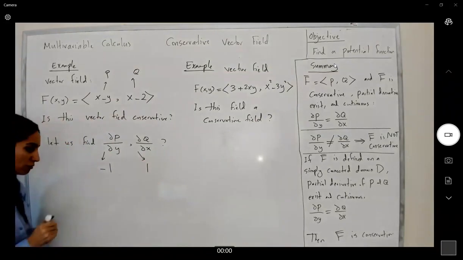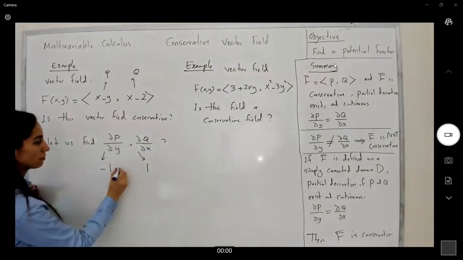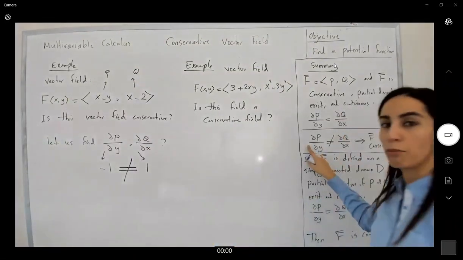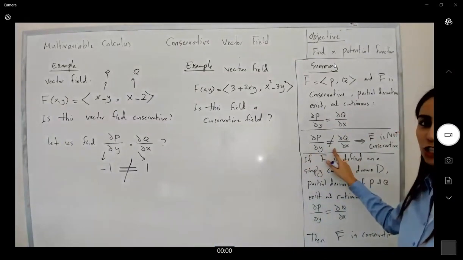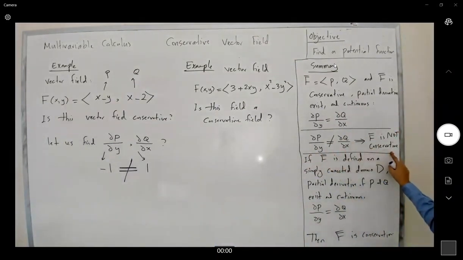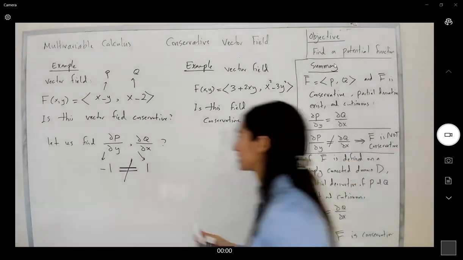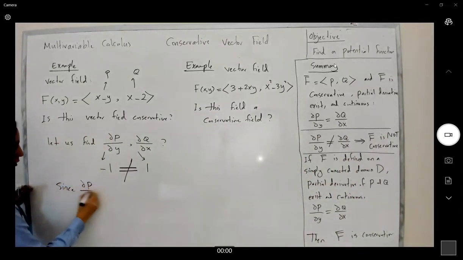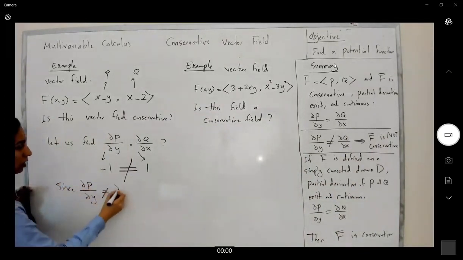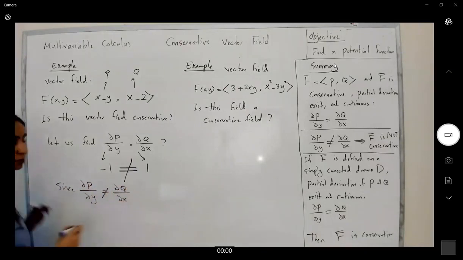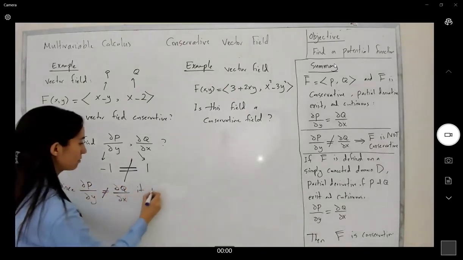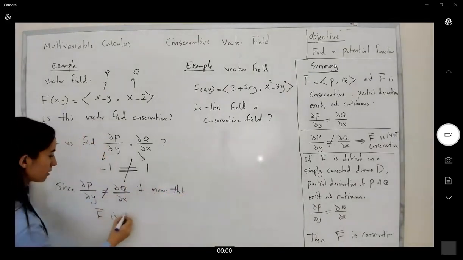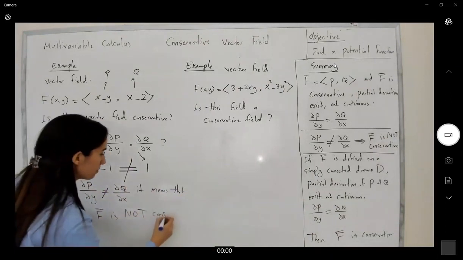Are these equal to each other? They are not equal. Since partial derivatives are not equal to each other, your conclusion is that F is not a conservative vector field. So you can write, since partial derivative of P with respect to y is not equal to partial derivative of Q with respect to x, it means that F is not conservative.